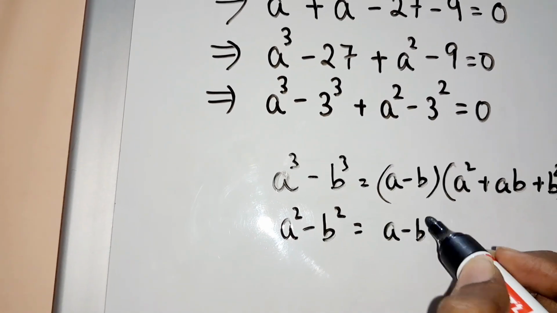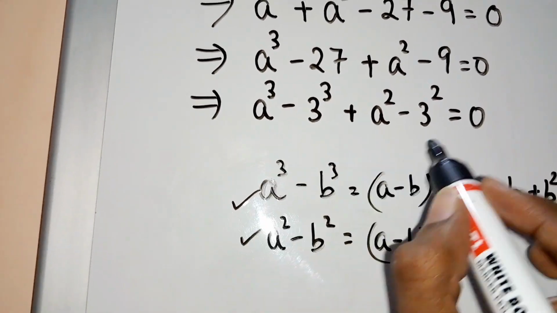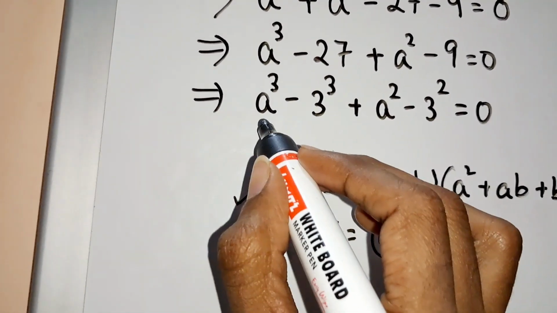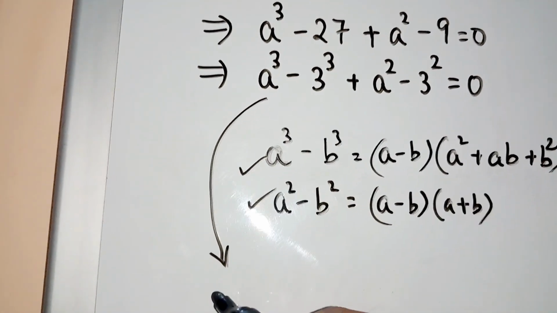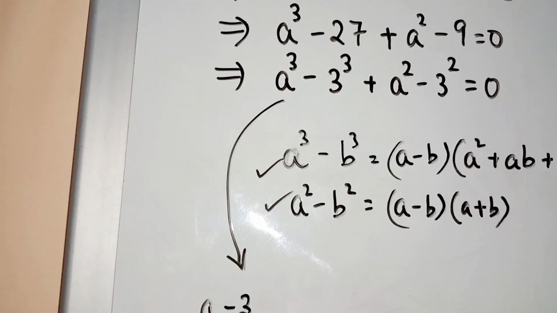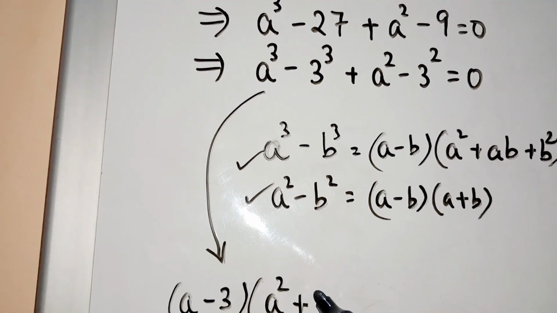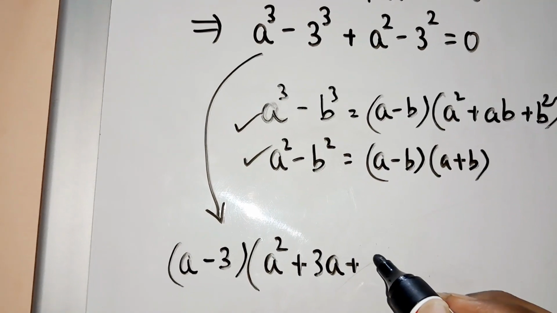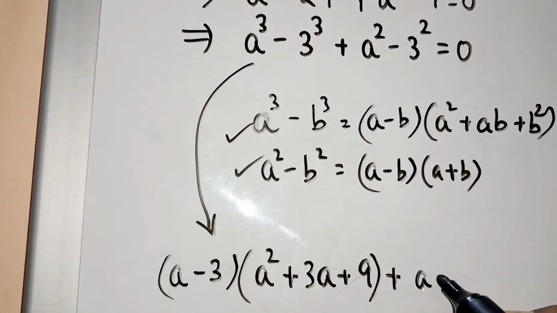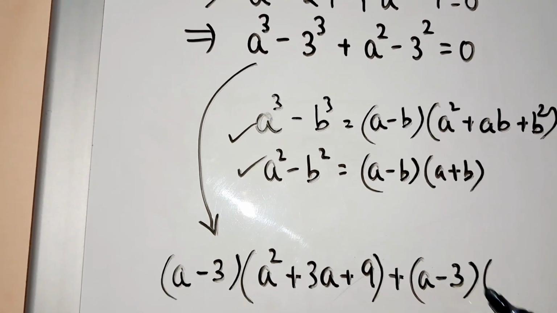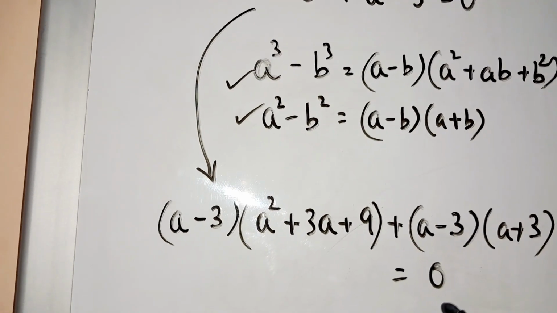It is a minus b multiplied by a plus b. Just these two formulas we put here, and we'll get a similar factorization.